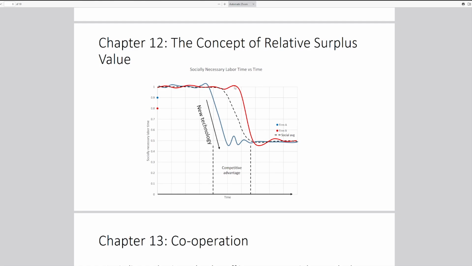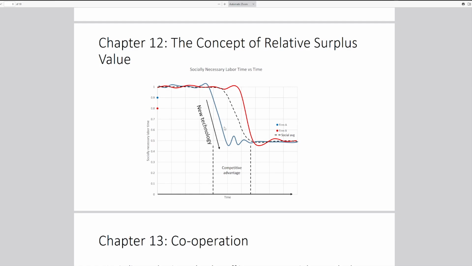But let's say the only other competitor in the space hasn't caught on yet, right? Maybe for a couple months they don't realize that their competition has just invented something awesome that makes them more productive. So the average of the blue line and the red line is still up here somewhere, which means anywhere in this region between the blue line and the dotted black line is where firm A, the blue capitalist in this case, can sell. And basically they're not breaking any rules of selling things at their value.